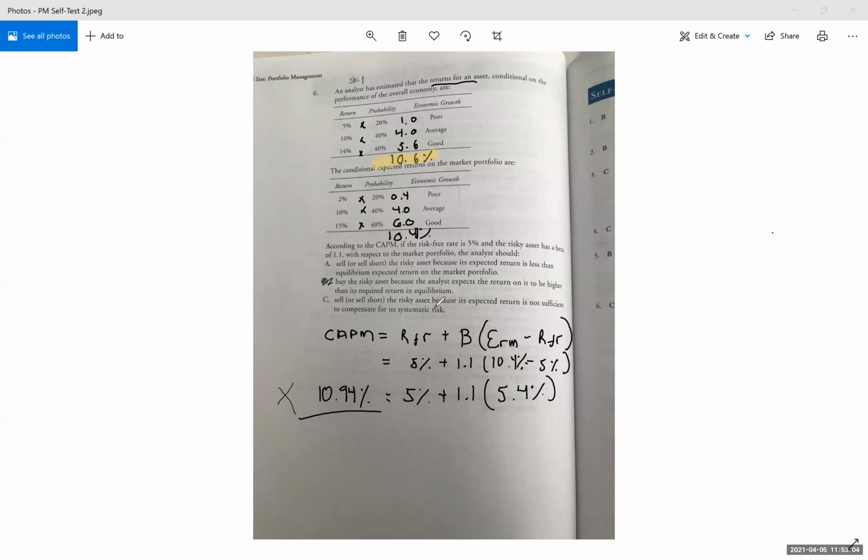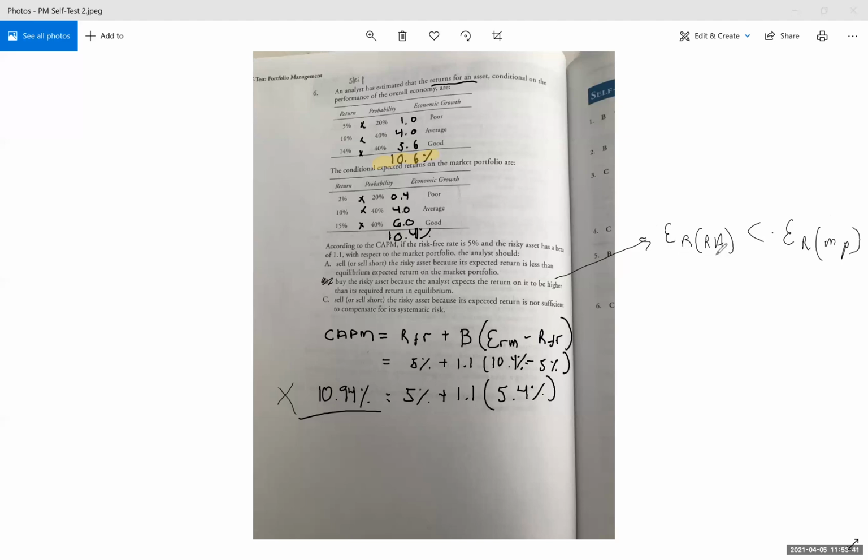So what are we saying here with answer choice A? Sell the risky asset because its expected return is less than the equilibrium expected return on the market. So if this was true, we're saying that the expected return of the risky asset is less than the expected return of the market portfolio. So let's see, is that true?